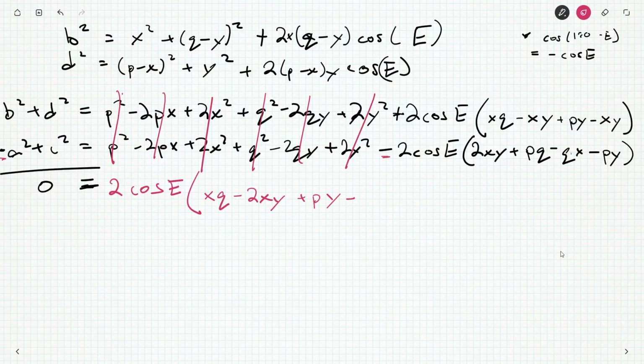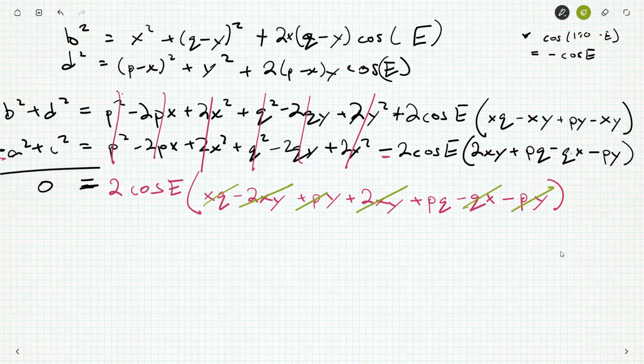So it'll be plus 2xy plus pq minus qx minus py. Okay, and then switching colors again, those cancel, and those cancel, and we're just left with 2pq cos e.